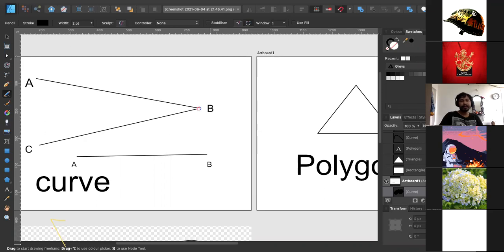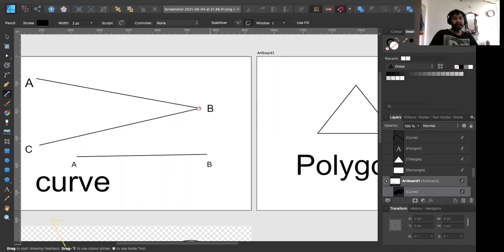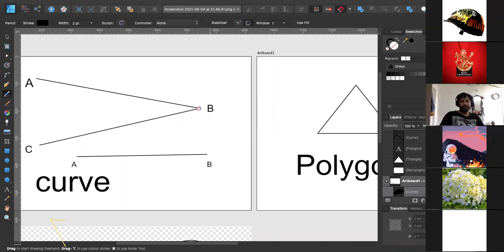Virangana, can you tell me what this point is called? Shaurya, what are these 2 points called?